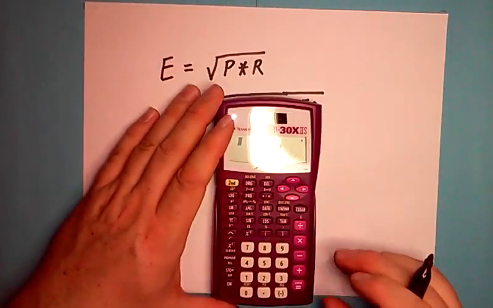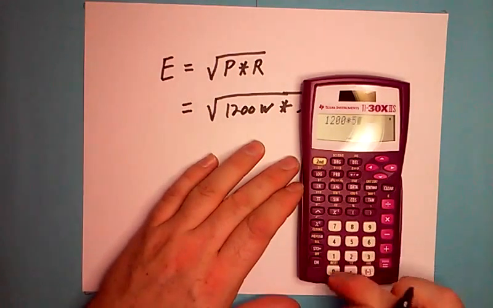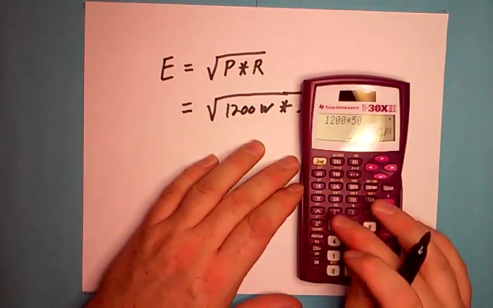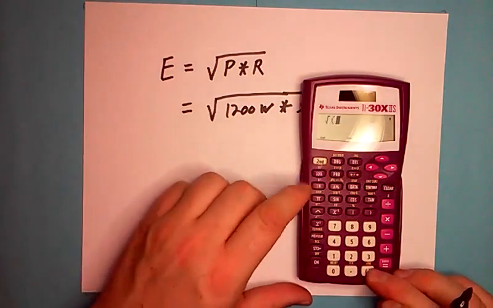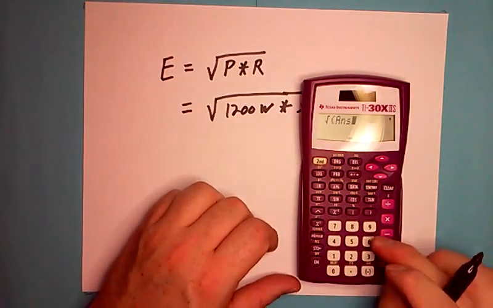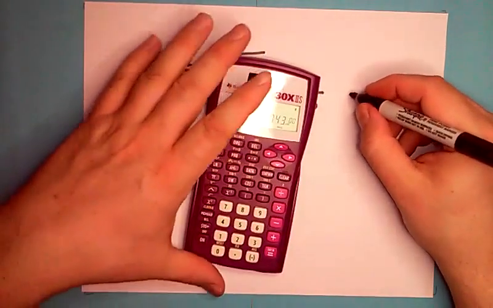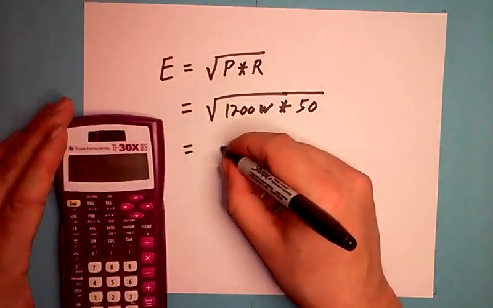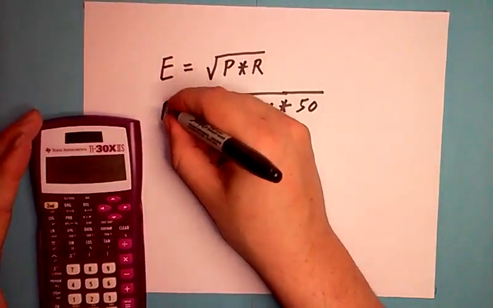All right, so on a calculator, we want to type in 1200 watts times 50 ohms, and then second function square root of the answer. Okay, that's 244.9 volts.